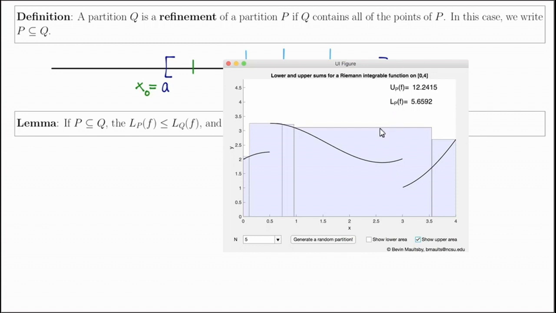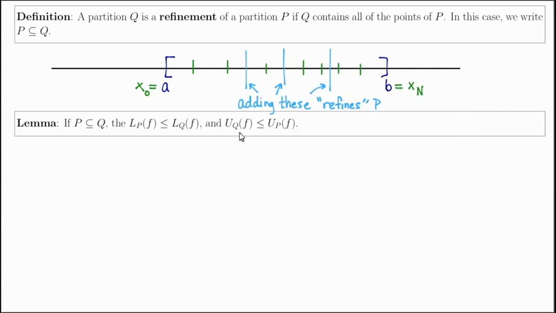So as you refine a partition, your supremums are going to be chosen a little bit more carefully for smaller and smaller subintervals, which means that these heights would come down. Therefore, I would be adding less area together. So the upper sum of f over the refinement is actually going to be less area than the upper sum of f over the original partition. So our upper sums will go down as we refine. So lower sums go up and upper sums go down.